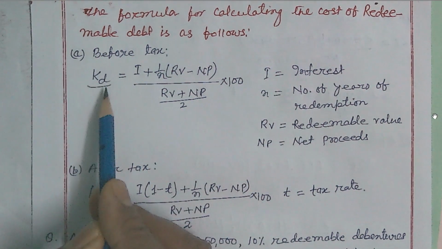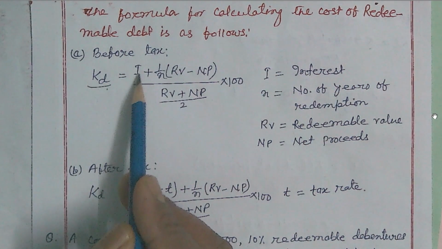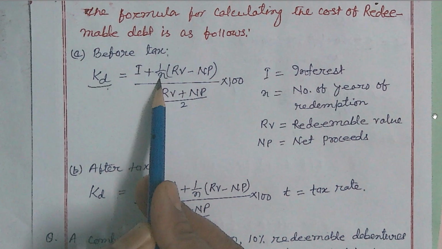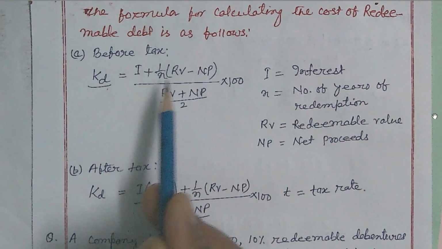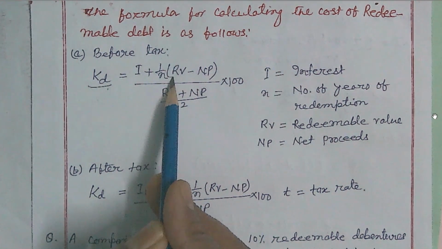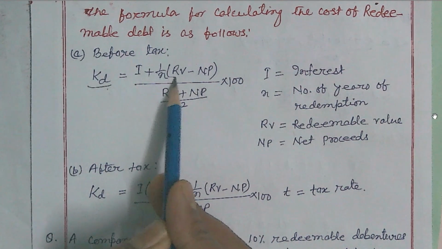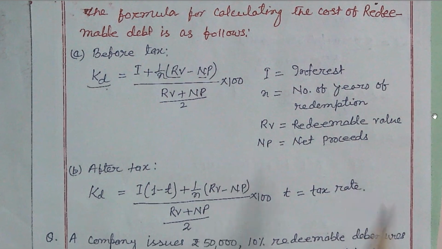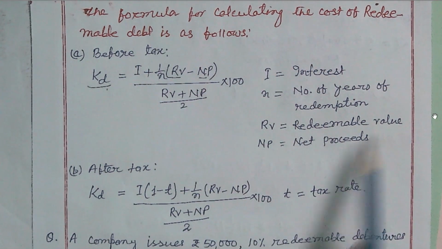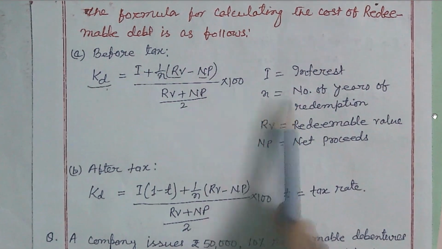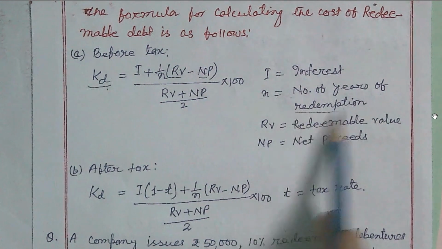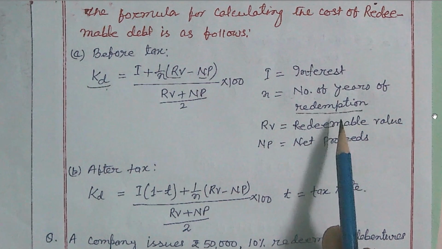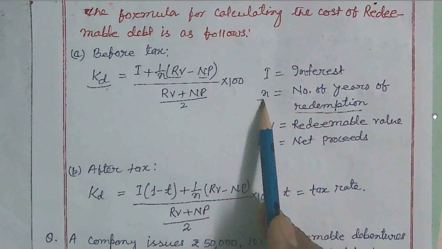KD stands for cost of debt, I is interest, plus 1 by n, where n is the number of years after redemption, and this is your redeemable value, RV, and this is your NP, net proceeds. So here, redeemable value and net proceeds and number of years of redemption, meaning after how many years the debenture is going to be redeemed, that is number of years.